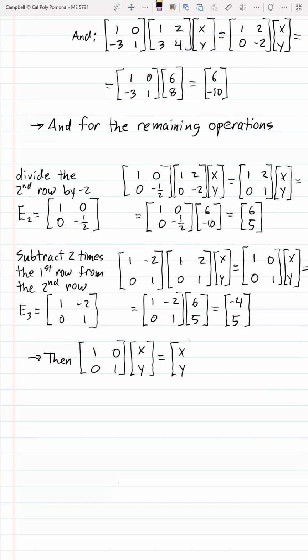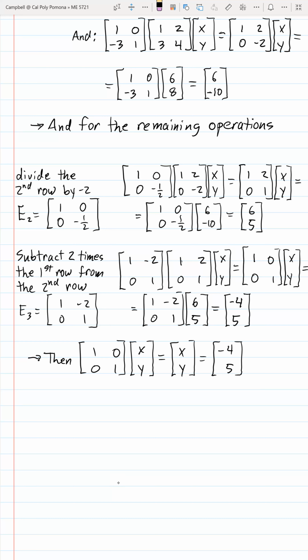And that original vector is then just equal to our constant vector, -4 and 5. And there we go. We have the values that we've seen. We'll solve that set of simultaneous equations.